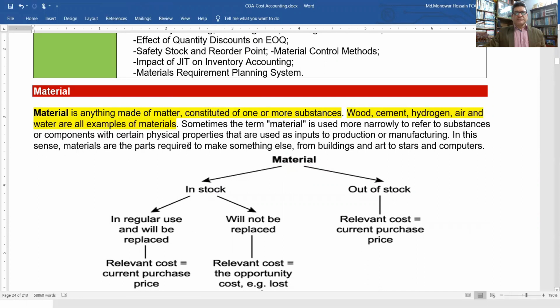Sometimes the term material is used more narrowly to refer to a substance or component with certain physical properties that is used as input to production or manufacturing. In this sense, materials are the parts required to make something else, from buildings to computers.